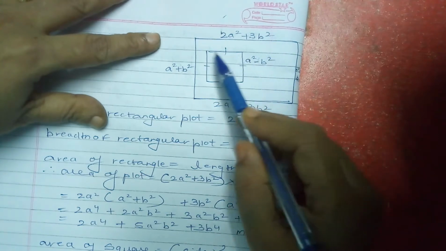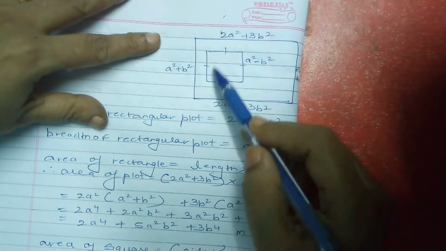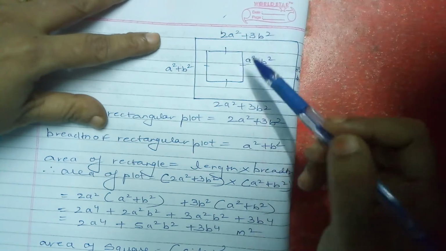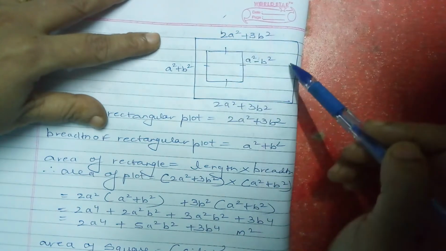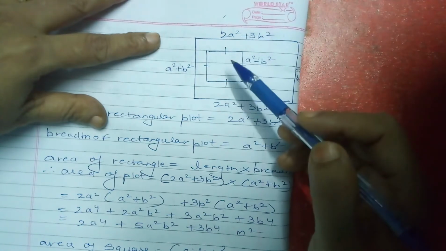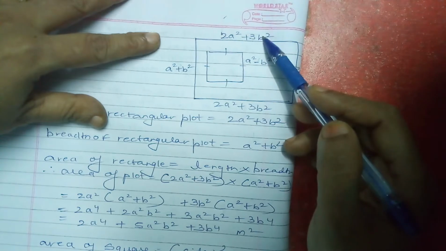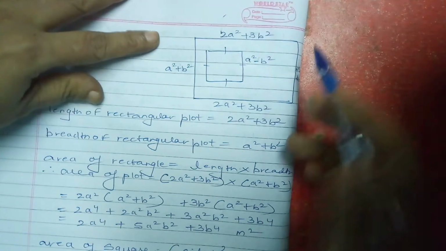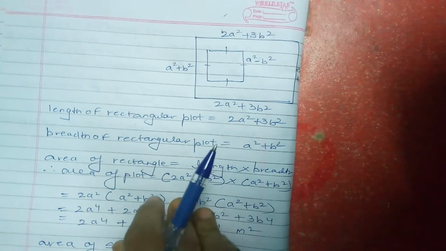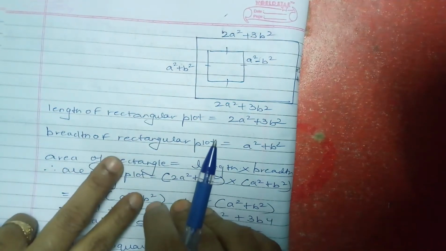So if you want to find out the remaining area of the rectangular plot, then you have to first find out the area of this rectangular plot, then find out the area of the square plot, and then subtract the square plot area from the area of the rectangular plot, isn't it? So the same thing we have done here. Only thing is, there we are not having numbers, but we are having algebraic expressions.